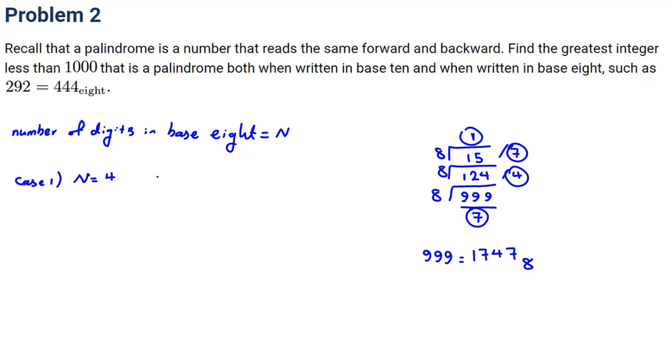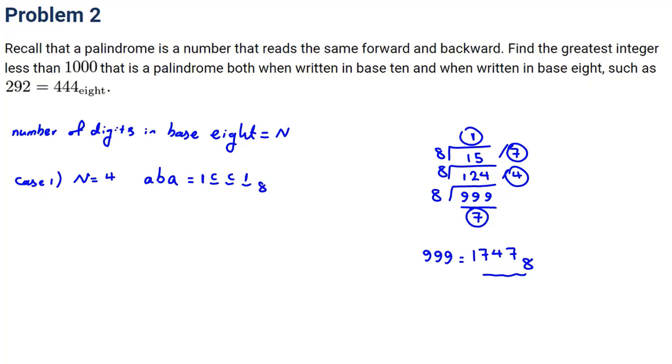So the number in base 10 we call ABA. In base 8, because we have 4 digits and the largest possible case is this, the first digit can only be 1, because if it is 2, then it will be greater than 999. So it should be 1, and also the last digit should be 1. The middle digits we call C, C, in base 8.